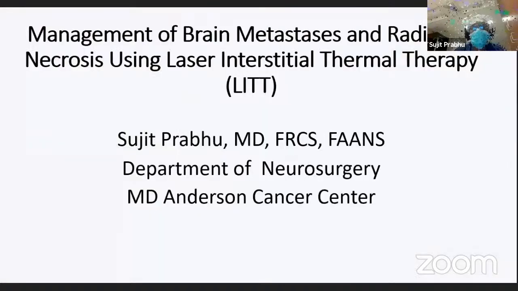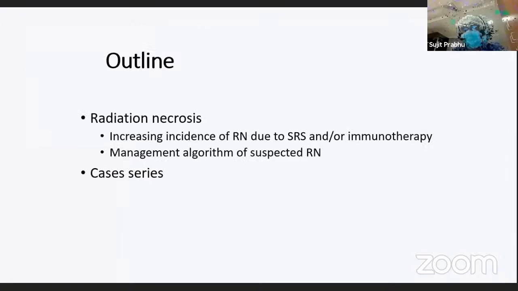All right. Just to switch gears, I'll be talking today about a technology which some of you might be familiar with. It's called laser interstitial thermal therapy for treatment of brain metastases and radiation necrosis as it relates to the treatment of brain metastases. My outline would be a few slides on radiation necrosis.